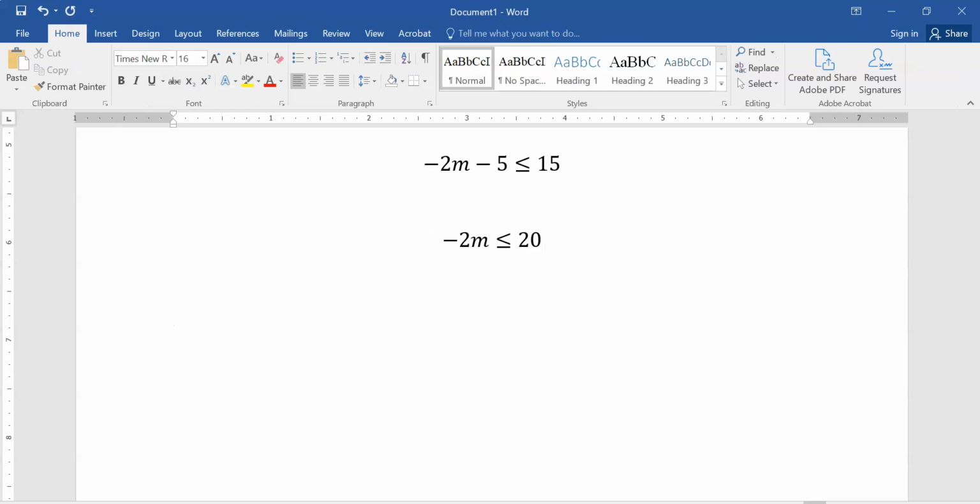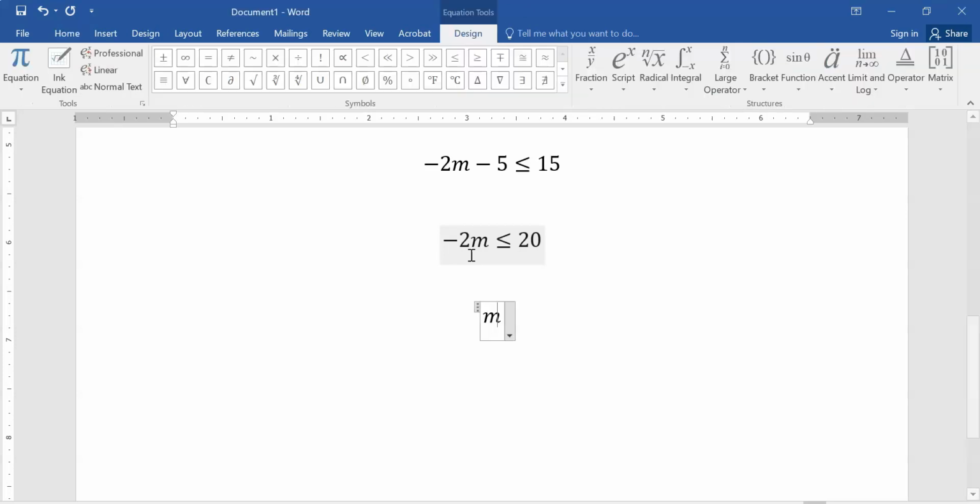Then I'm going to divide both sides by negative 2. Again, since we're dividing by a negative, here's where that sign flips. So I'd get m on the left greater than or equal to, and this 20 transforms into a negative 10. All right, again, flipping that sign when I divide both sides by a negative.